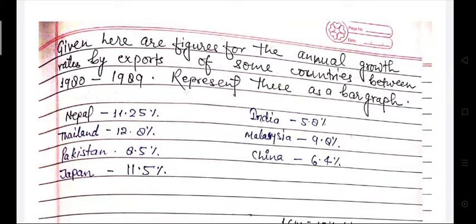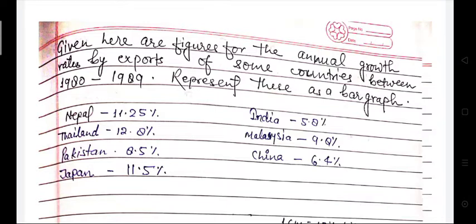In the question we can see that the growth rate of the country Nepal is 11.25% from the years 1980 to 1989. The growth rate of India is 5.8%.